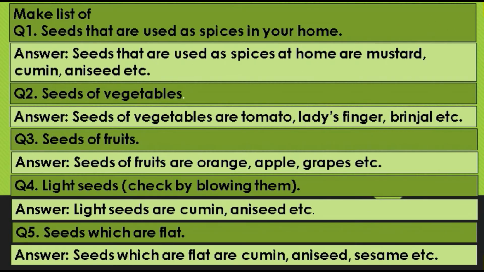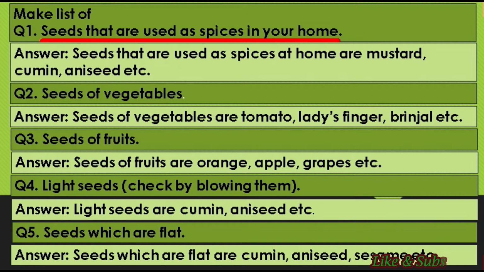Now students, here is another activity, and that is basically related to the seed. And students, in this activity you have to prepare a list, and the first one that you have to do is seeds that are used as spices in your home. Now students, for preparing this list you can also take the help of your mother.